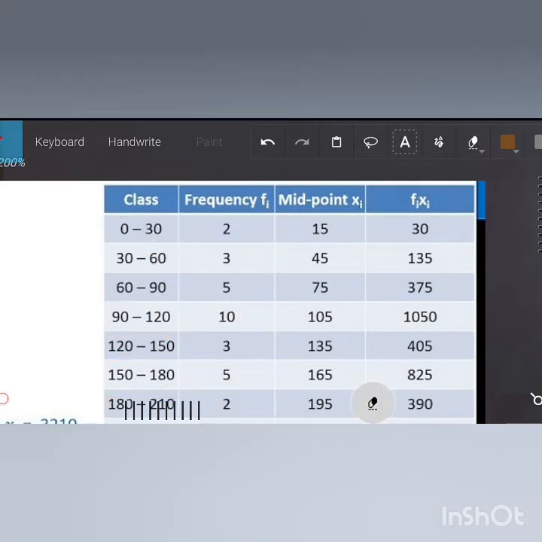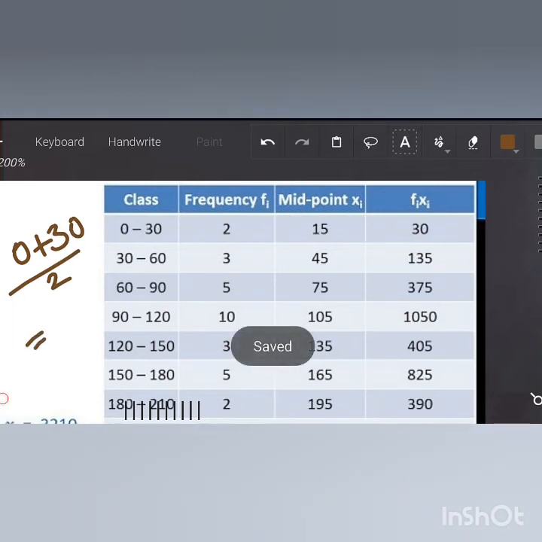Now how do we get these mid values? Just by taking the upper limit plus lower limit by 2. For the first one we can see 0 plus 30 by 2 equal to 30 by 2 equal to 15. So this is 15.